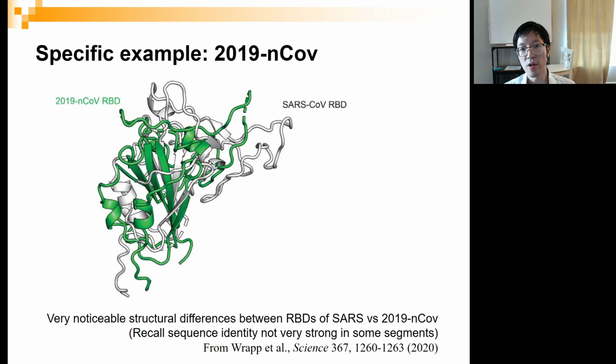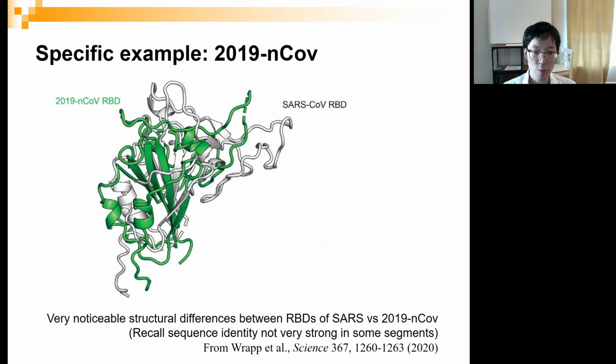Here, from the same Science paper, the researchers superimposed the RBDs of the two proteins. They're overlaid on top of each other, the SARS RBD in gray and the novel coronavirus RBD in green.